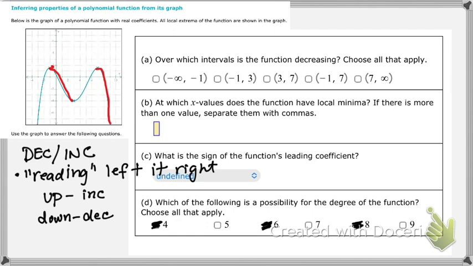And what are those intervals? This one starts at -1, and it goes down until it gets to +3. Those look like XY coordinates, but they're not. Those are intervals. This is interval notation that is telling us values of x on which this function is decreasing.